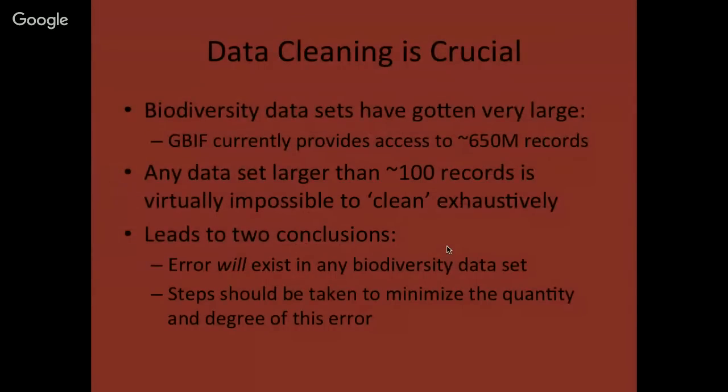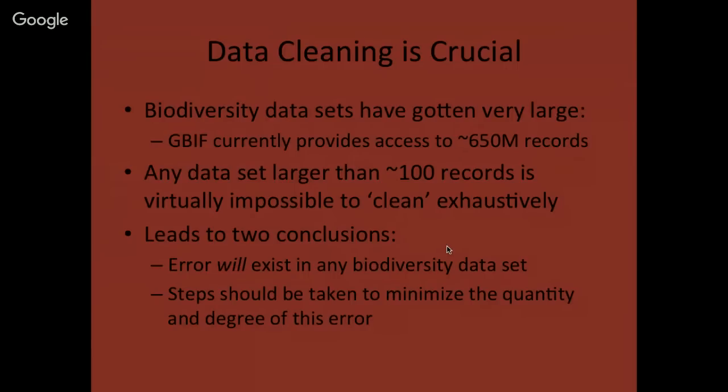I hope it goes without saying that data cleaning is crucial. Biodiversity data sets have gotten extremely large. Just as one obvious example, the data to which the Global Biodiversity Information Facility provides access is now more than 650 million records.